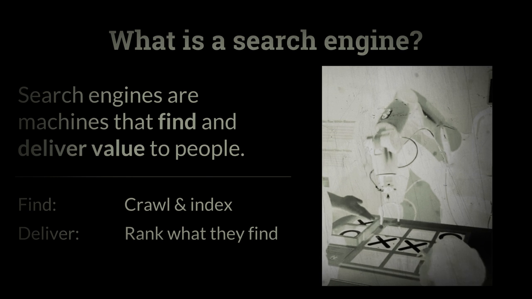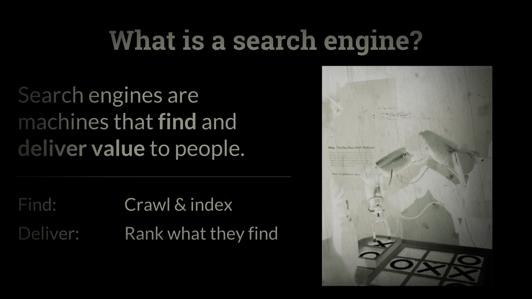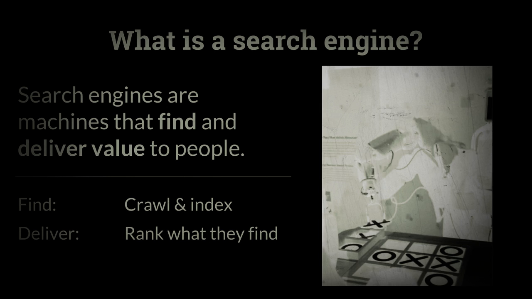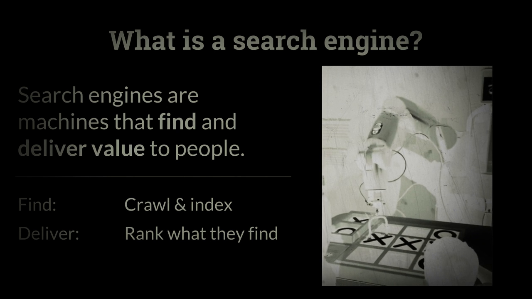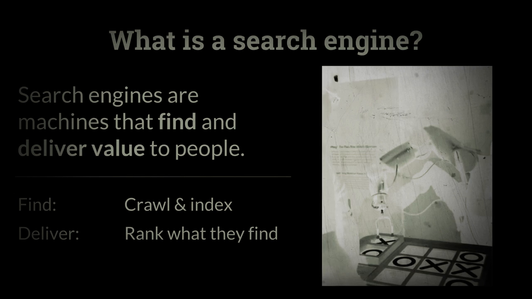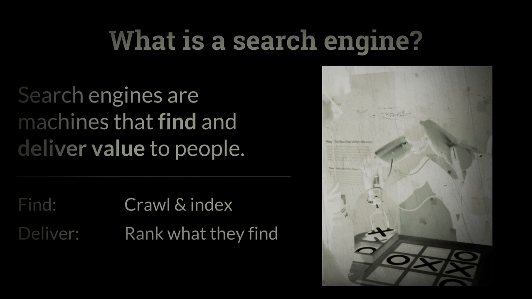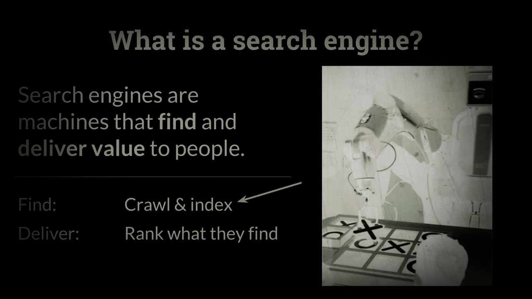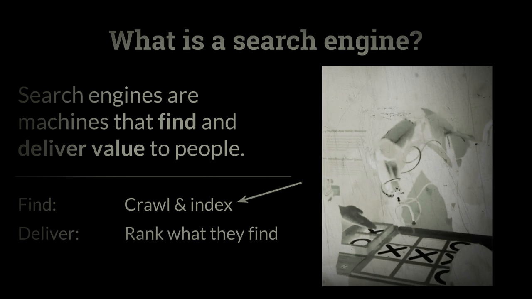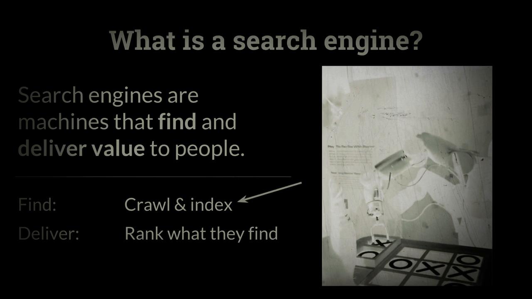So if we break this into more proper search engine optimization terminology, we'd say the finding part is called crawling and indexing. Search engines are going out and trying to find content. And then the delivery of it is them ranking it and displaying it in a search engine result page.